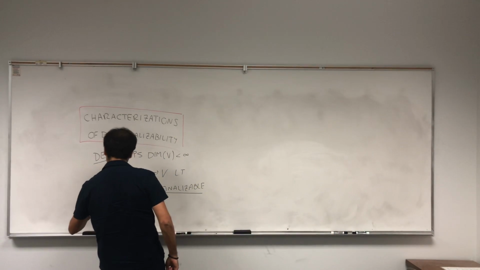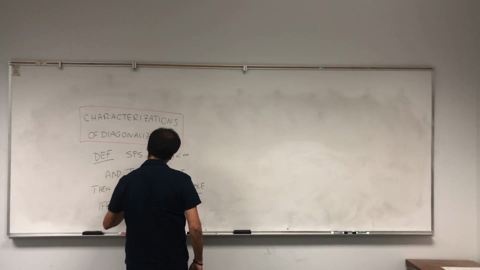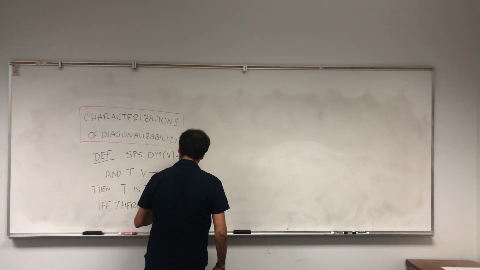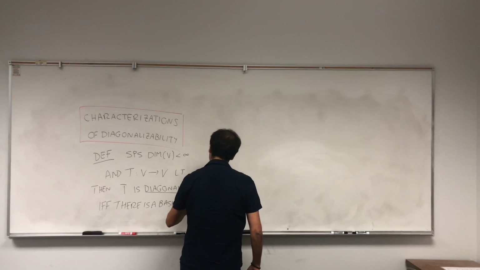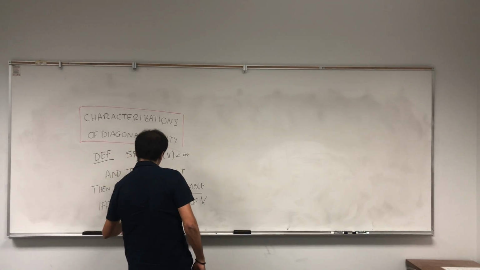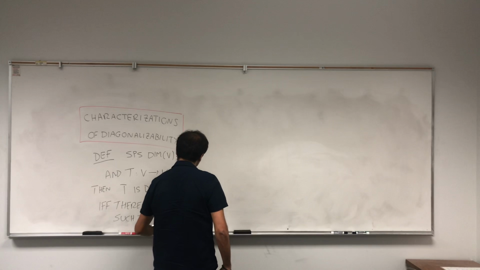So if and only if there is a basis beta of V such that the matrix of T is diagonal.